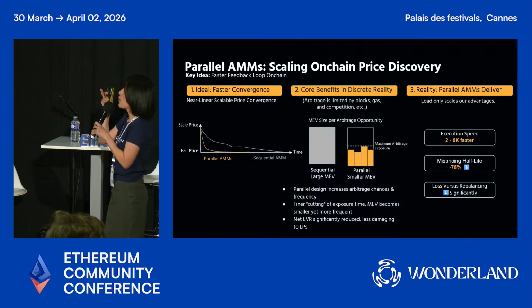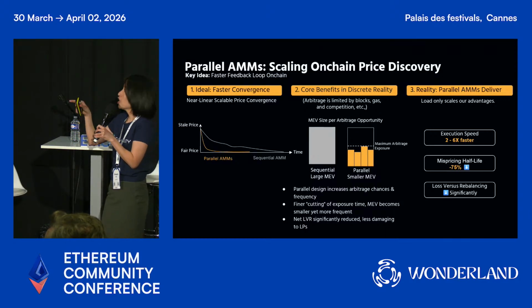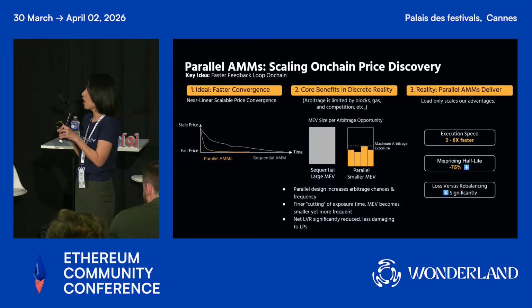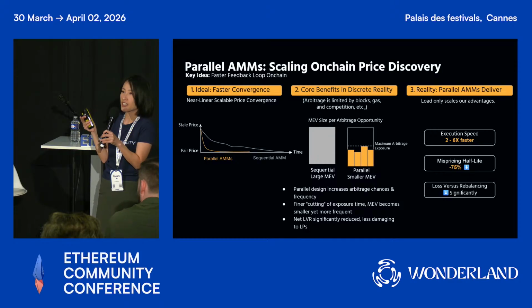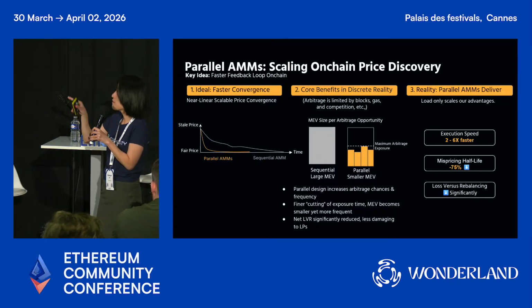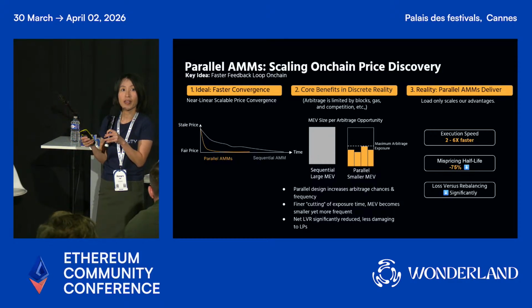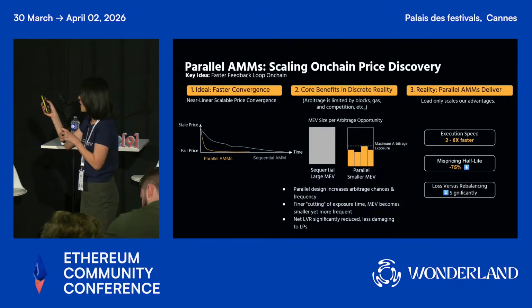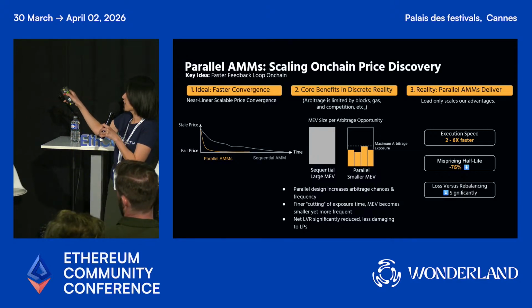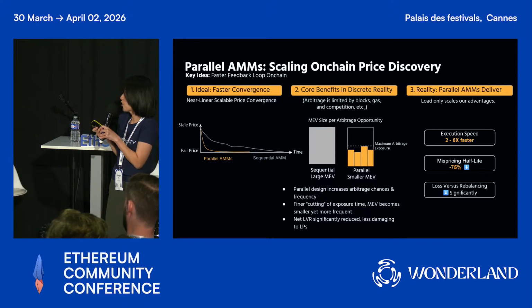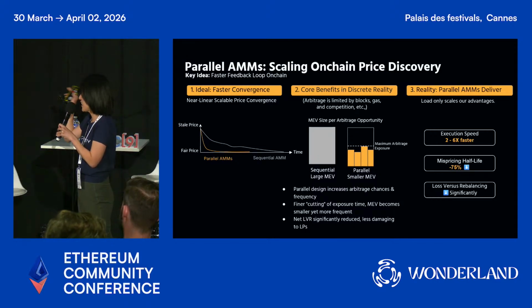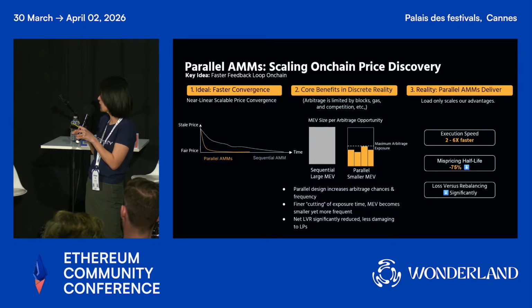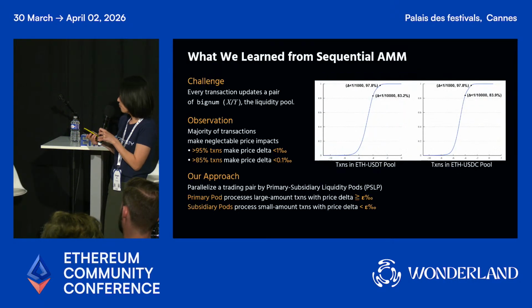So our ideal case, the target, would be: starting from the same ideal sale price, parallel AMMs would need much shorter time than sequential AMM to converge to the fair price. And the reality is that our execution speed is 2 to 6 times faster than sequential AMM, which translates to a 75% drop in time in mispricing half-life.